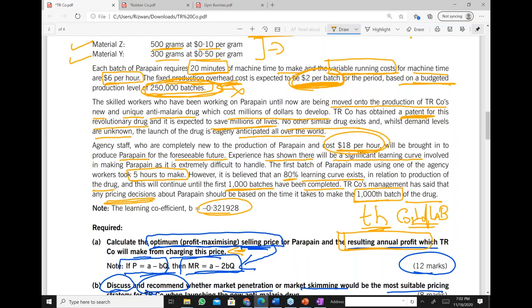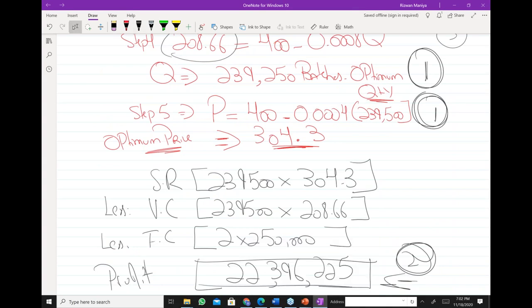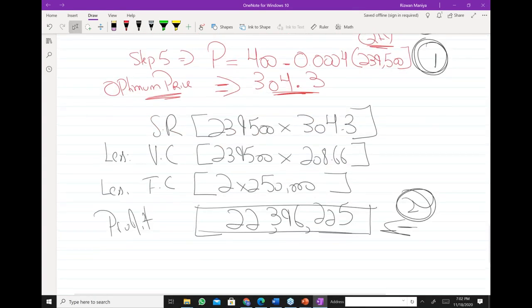So 2 multiplied by 250,000 will give you the total cost of 500,000 fixed cost. Getting the point.